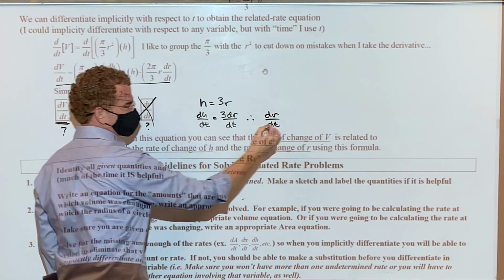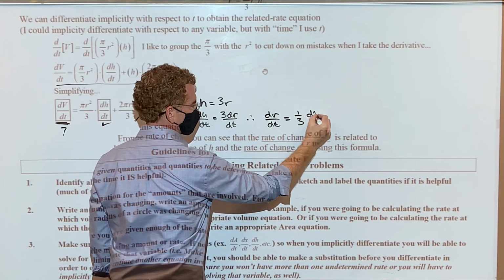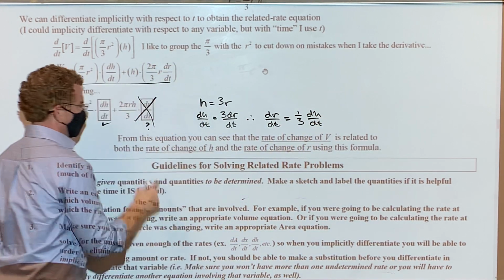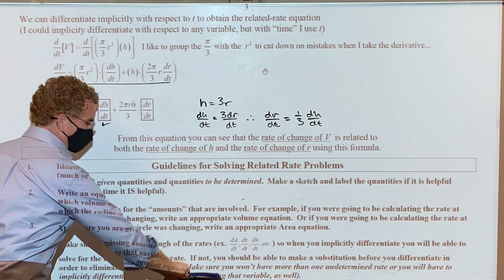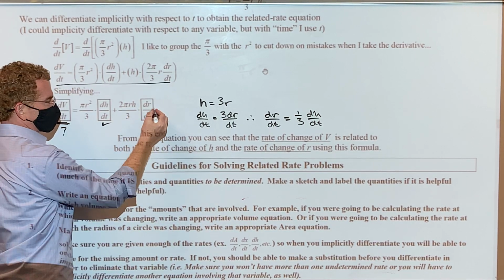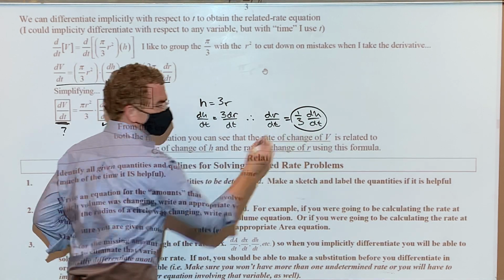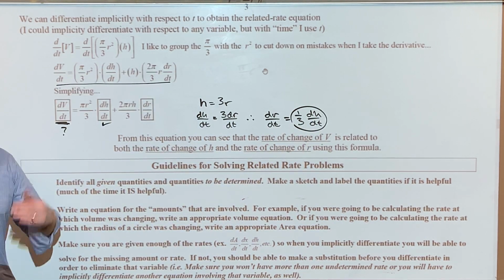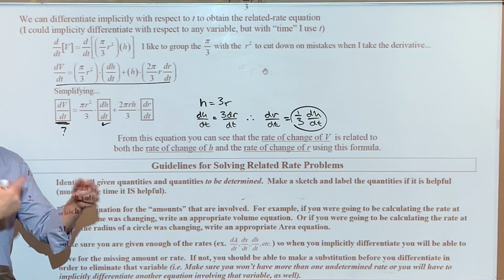Couldn't you multiply both sides by a third? Yes, no? So now, even though I don't know dr dt's value, I could replace that with this. So some people like doing it with two separate equations, taking the derivative twice.